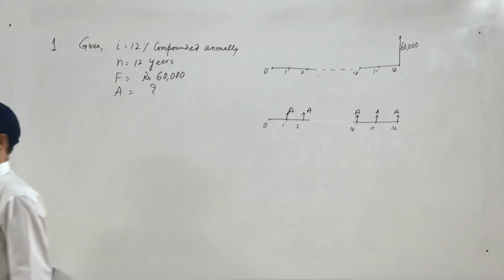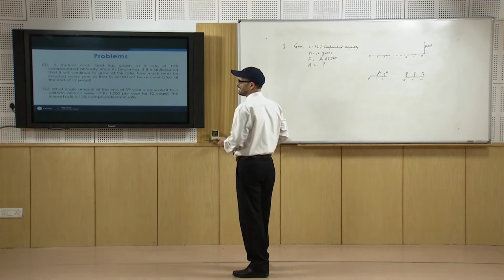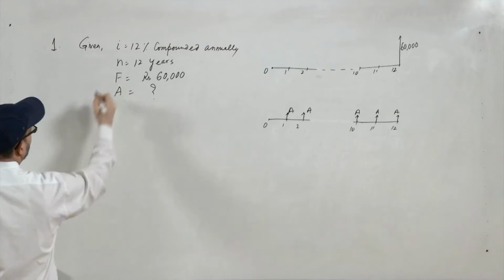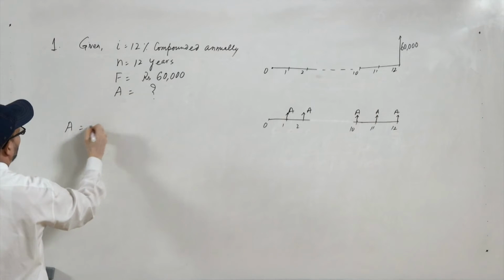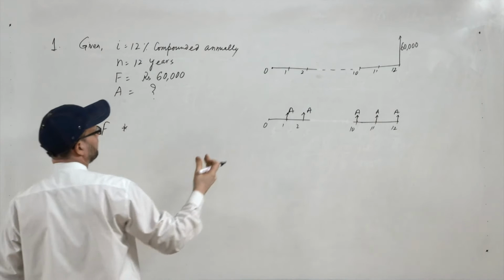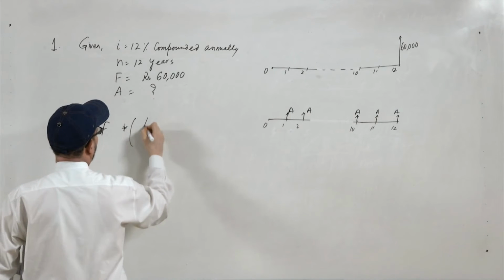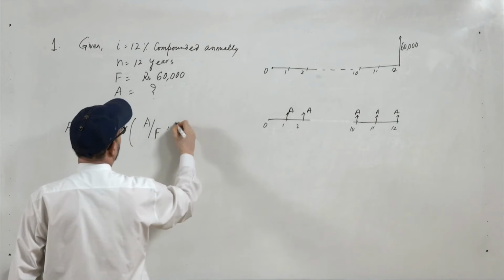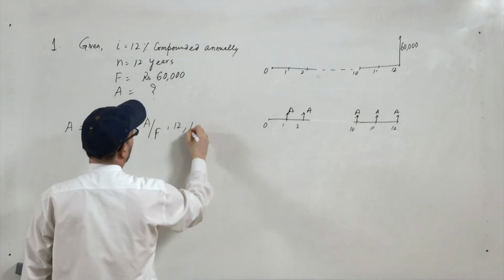For finding A, the equivalent value of annual deposit, A will be nothing but F times the factor A by F i n. So, i is 12 and n is also 12.